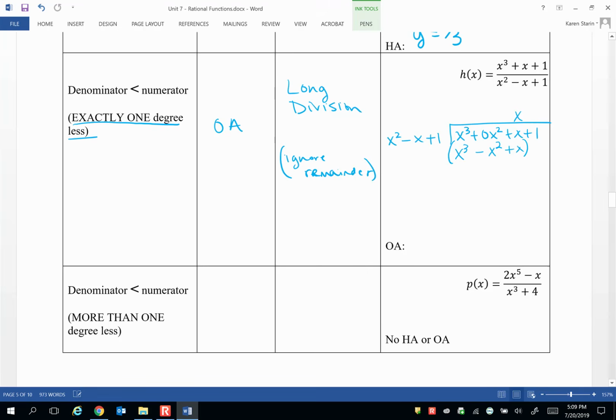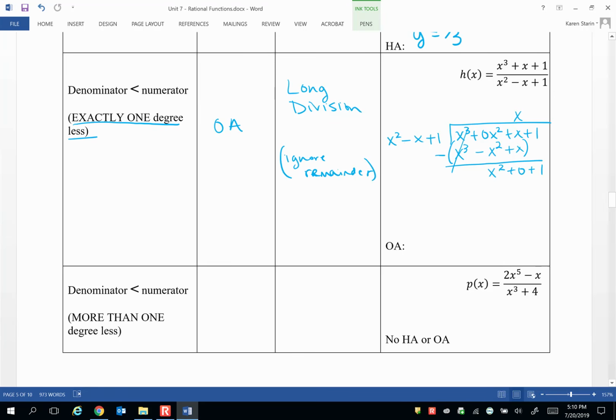But remember, in long division, we have to subtract all of those terms. By design, this cancels, and 0 minus a negative x squared is positive x squared, and x minus x is 0. I bring down the plus 1 because I have 3 terms on the outside of the division symbol.